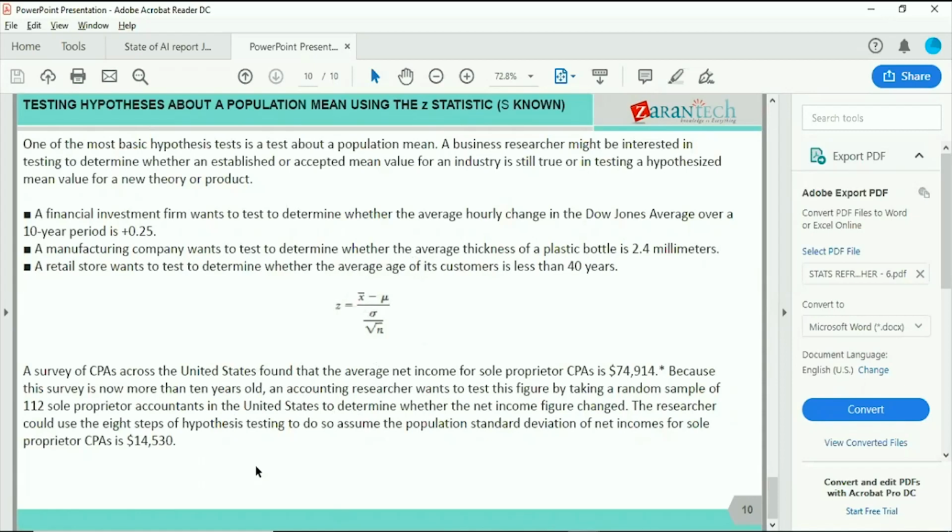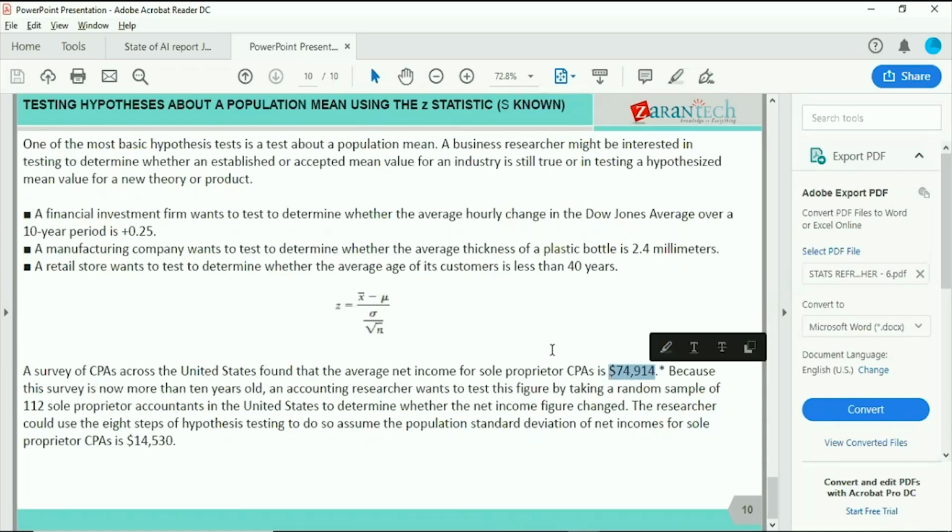Okay. Now let's read this question and let's follow the 4 steps that we chose earlier to prove the hypothesis or to reject the hypothesis. Now a survey of CPAs, think of some kind of profession, across the US found the average net income for a sole proprietor CPA is this much.